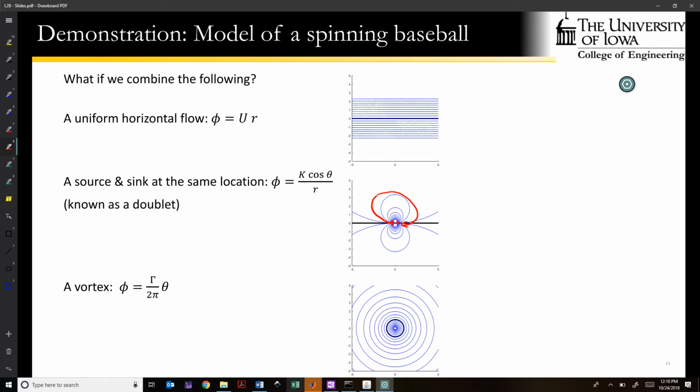And then we take a vortex, one that has simply streamlines that rotate around the center, or go in circles around the center. And if we add all of these functions up, we'll call these V1, V2, V3.